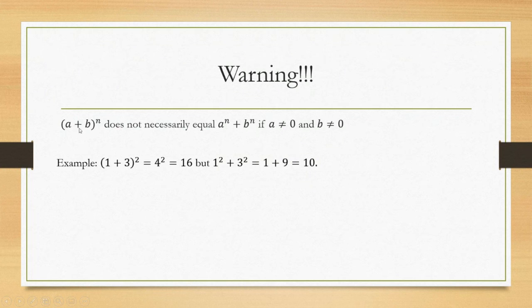So over here we would get 16, here we would get 10, and 16 is not equal to 10, of course. So this does not have to equal this. Oh, sorry, I went too fast. So here we go.